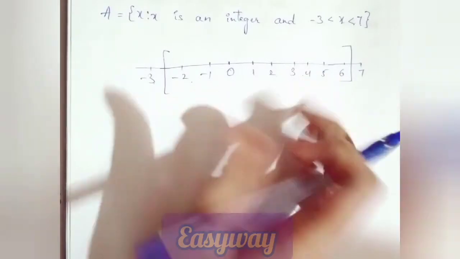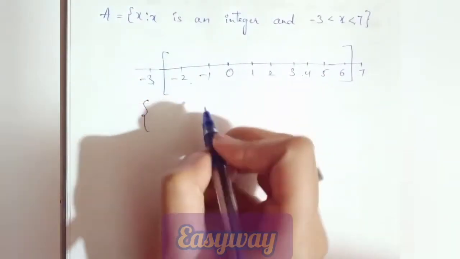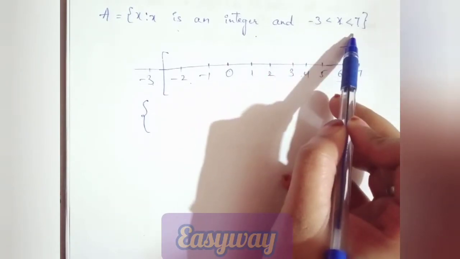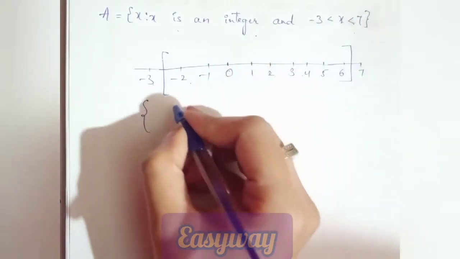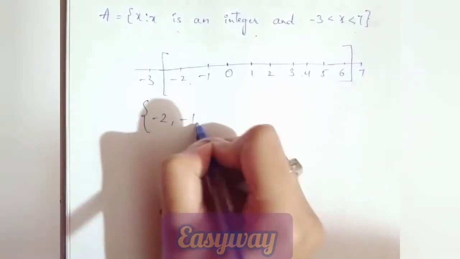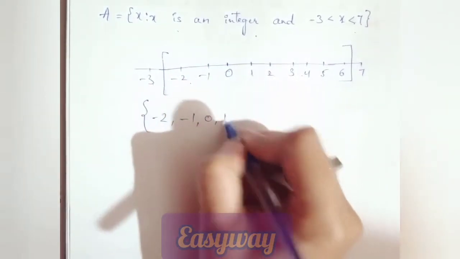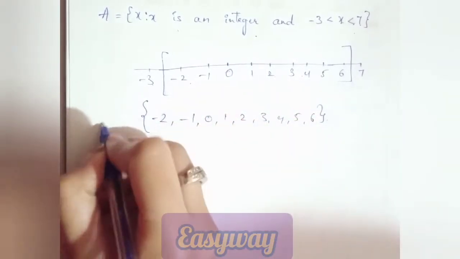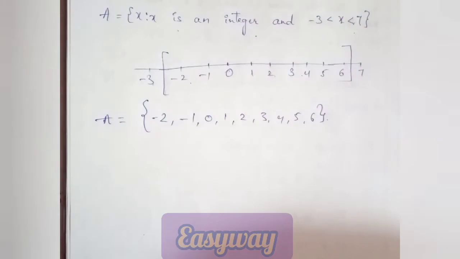So the set contains x is an integer, where they have given limits, that is the condition. So by seeing this condition, we have -2, -1, 0, 1, 2, 3, 4, 5 and 6. This is our set in roster form.